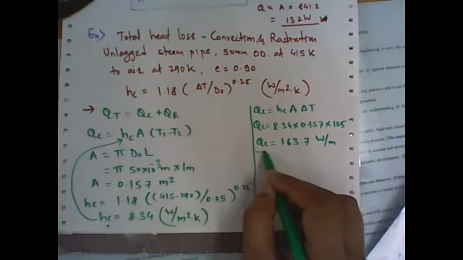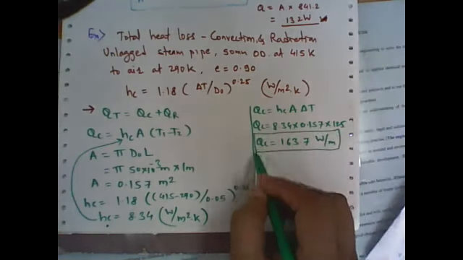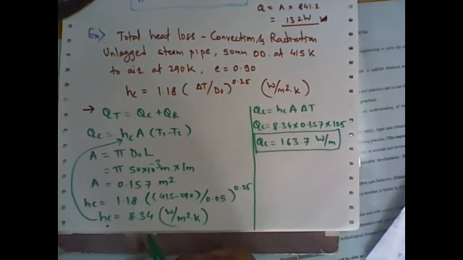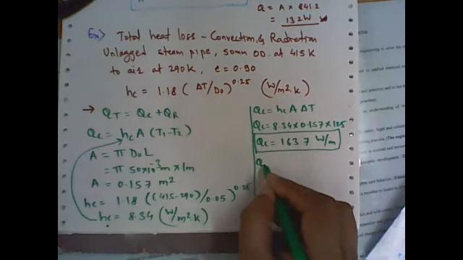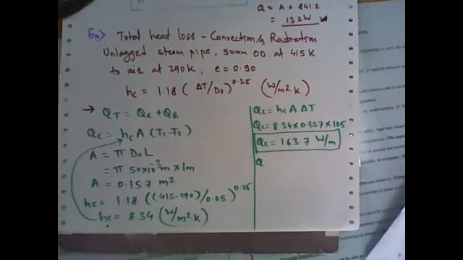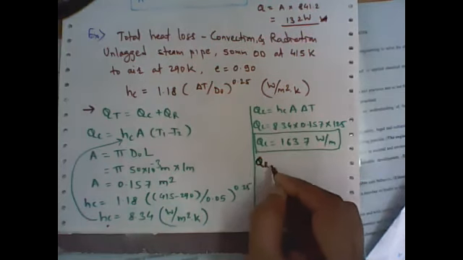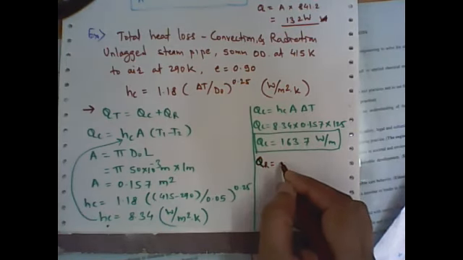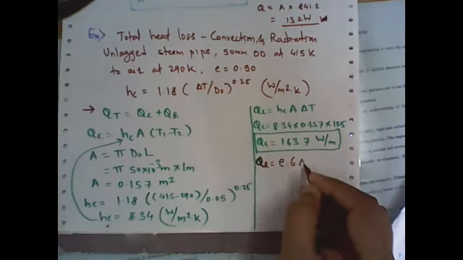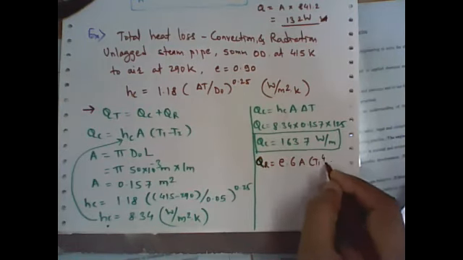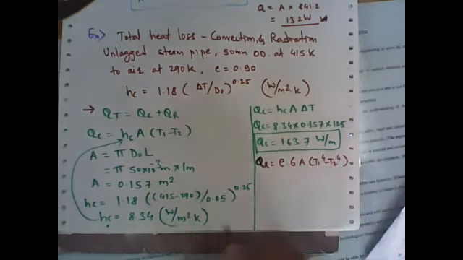Now this is QC only, that is heat due to convection. Now we know the formula for radiation. QR equals E sigma A (T1 raised to 4 minus T2 raised to 4).